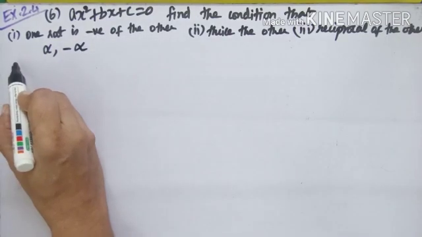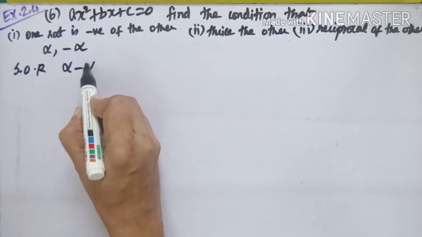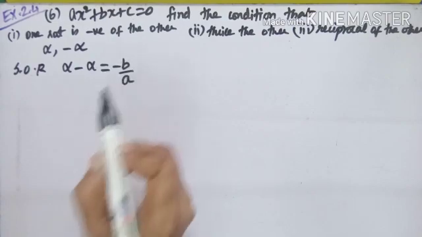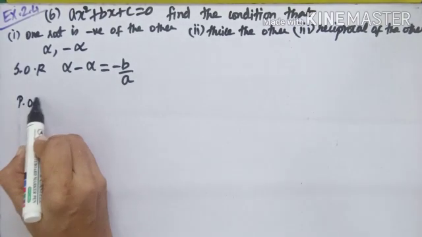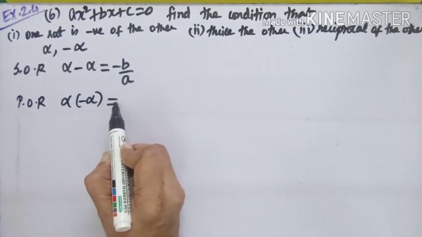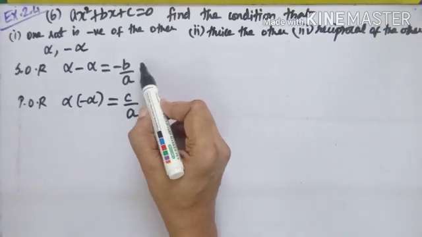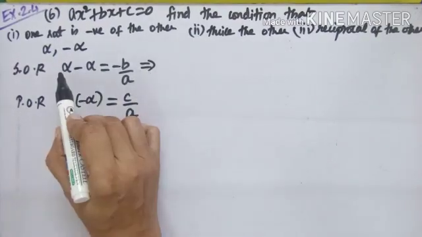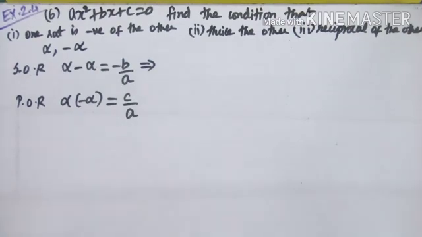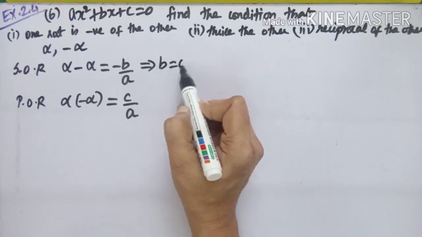So I can say sum of the roots alpha minus alpha equals minus b by a. Product of the roots alpha into minus alpha equals c by a. This implies alpha minus alpha is 0, or I will say b equal to 0.